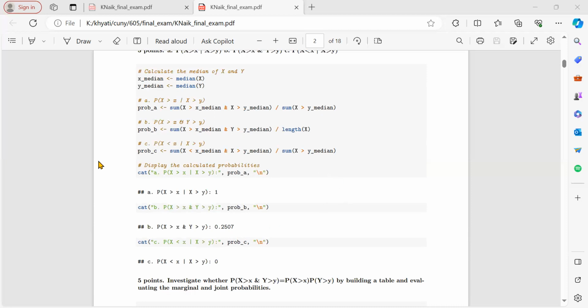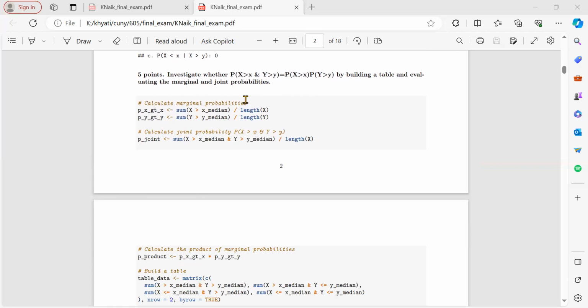And similarly, we are calculating the probability for C, which tells us that the probability that x is less than small x, given that x is greater than small y, is 0, as we are getting the value 0. This indicates that if x is greater than small y, it is highly unlikely that x is less than small x.